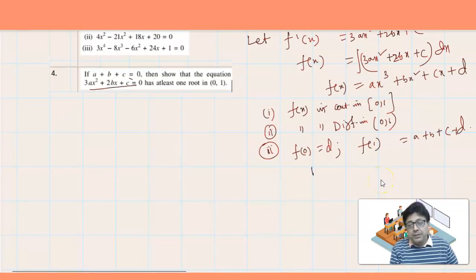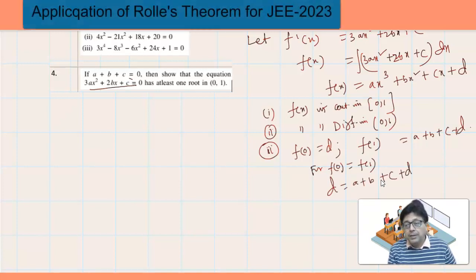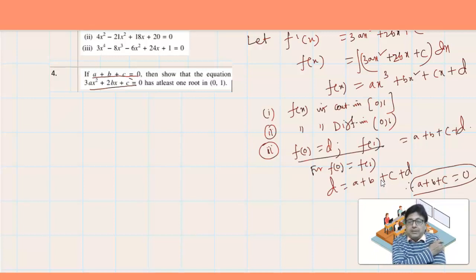For f(0) equal to f(1), therefore a plus b plus c equal to 0. So under this condition only, which is given here, a plus b plus c equal to 0, we can show that f(0) equal to f(1).